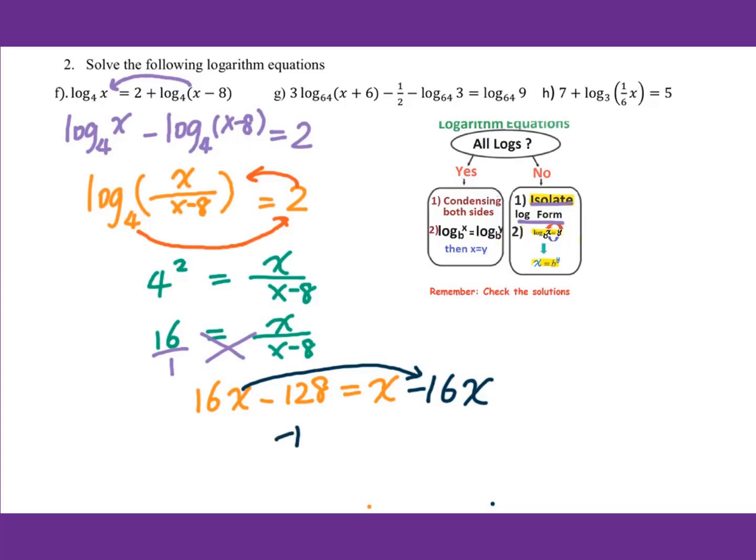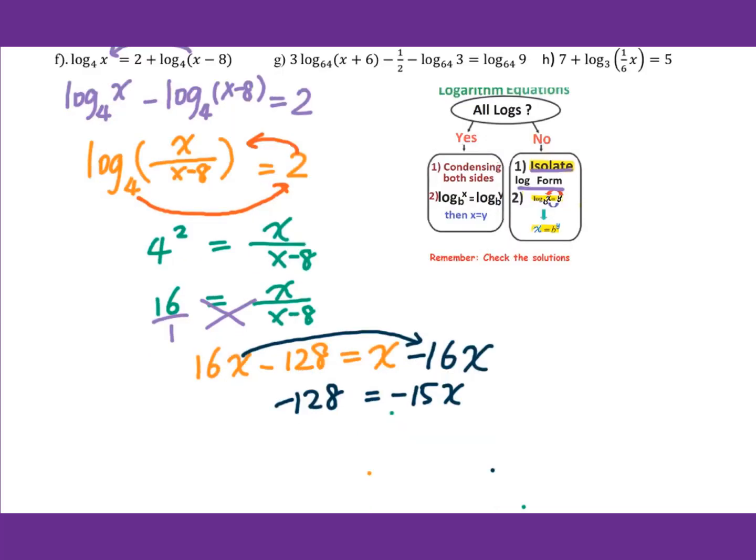You will get negative 128 equals negative 15x. Divide by negative 15 both sides. You will get x equals 128 over 15.